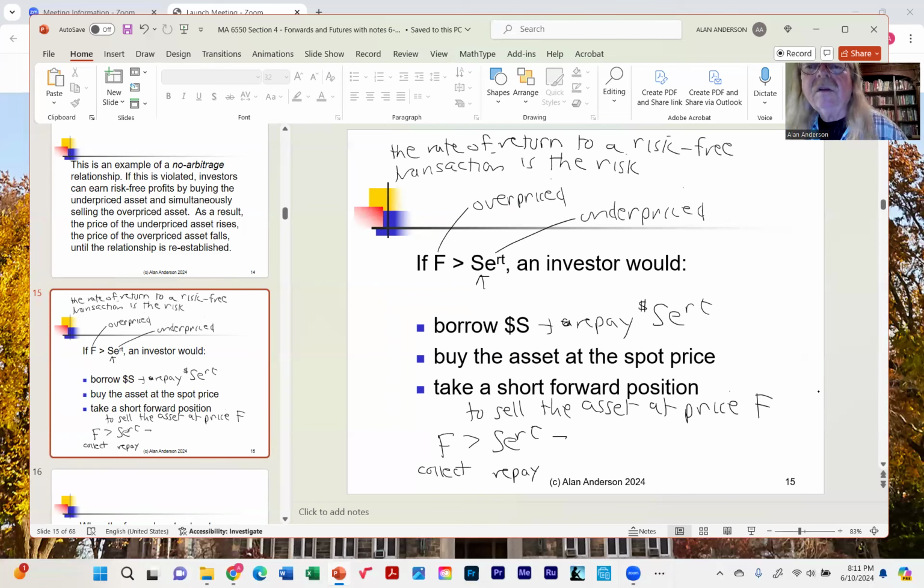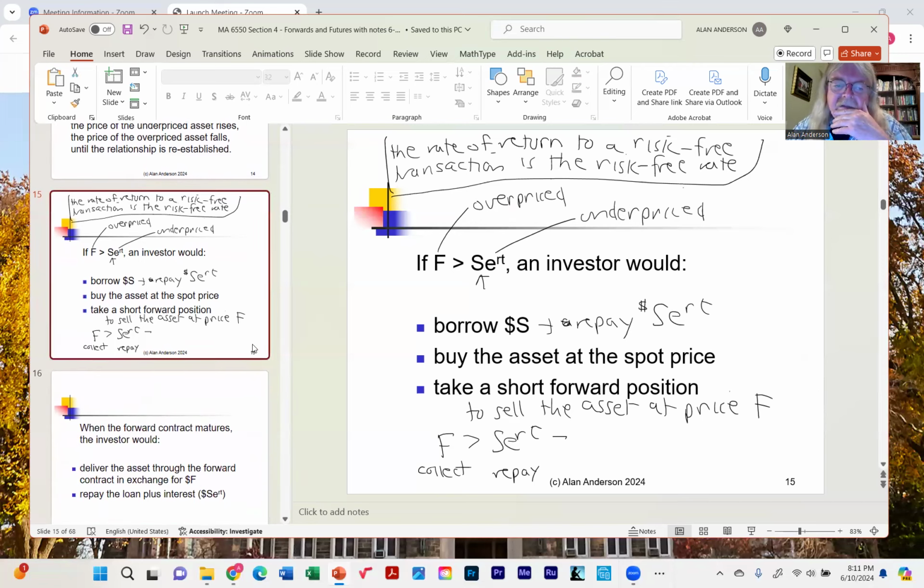If you could earn more than the risk-free rate of interest, that would lead to arbitrage opportunities, because you would borrow at the risk-free rate and engage in this transaction and earn a higher rate of return, and you would make guaranteed money. So throughout all of these derivatives models, we'll see the same thing. If the transaction is risk-free, then the rate of return has to be that r. Otherwise, it'll be an arbitrage opportunity.